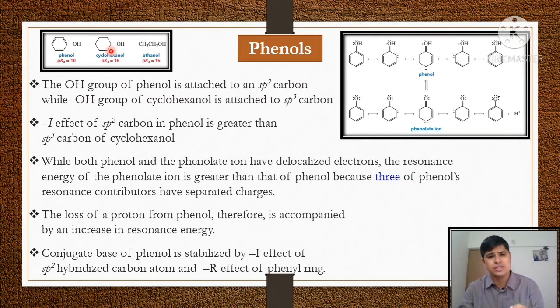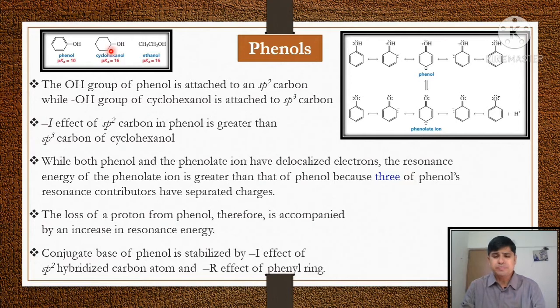We have seen that an acidic group attached to an sp hybridized carbon atom is more acidic than an acidic group attached to an sp2 hybridized carbon atom, and that is more acidic than an acidic group attached to an sp3 hybridized carbon atom. This is what we have seen in the previous lecture.